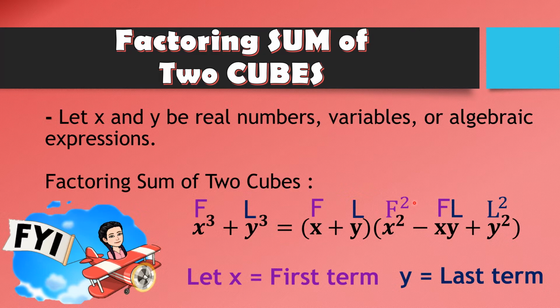Itong part na to na may squared, isi-simplify natin to. Tsaka tong y squared. And then yung xy, ibig sabihin yan, imumultiply natin yan. And then take note dun sa ating operation. Kapag addition to, ang unang factor natin ay magiging addition din. And then dito sa factor na to, ang nasa pagitan ng x squared at xy ay minus.